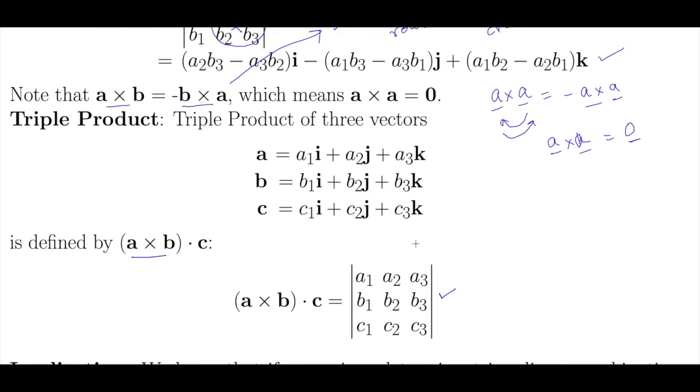So now we have a cross b. We know that this is equal to this guy.